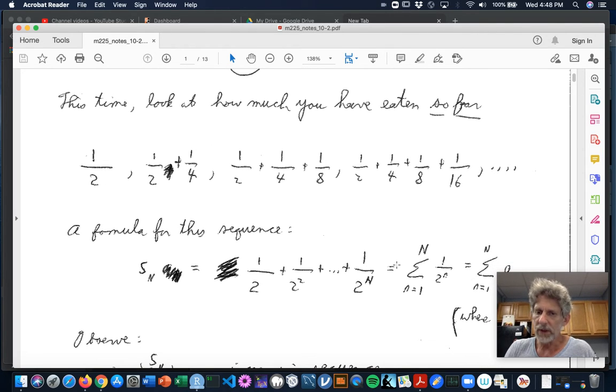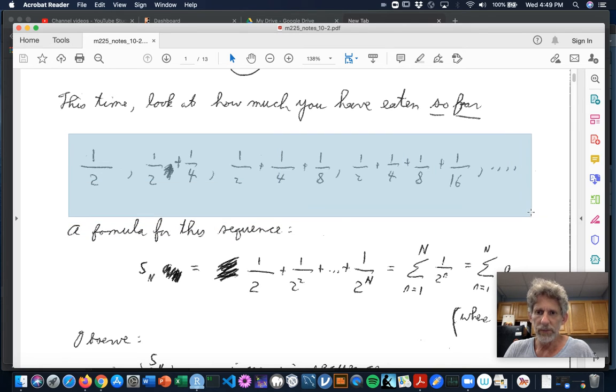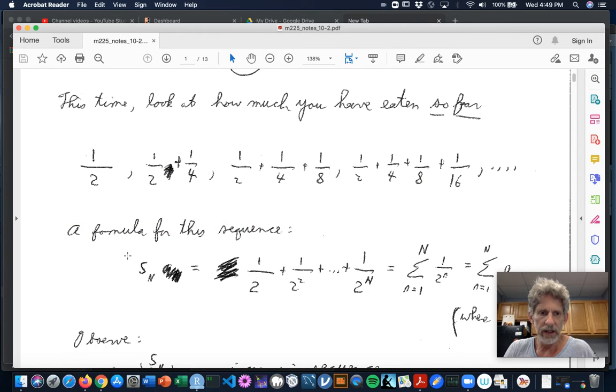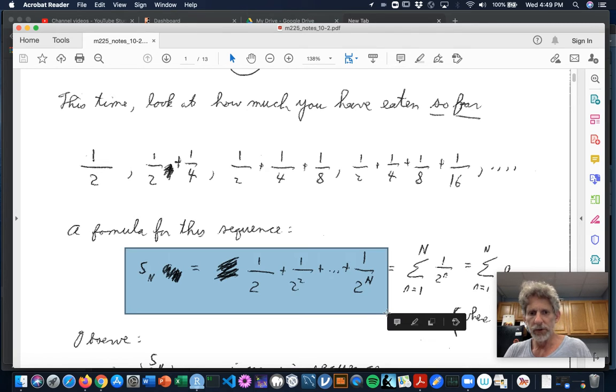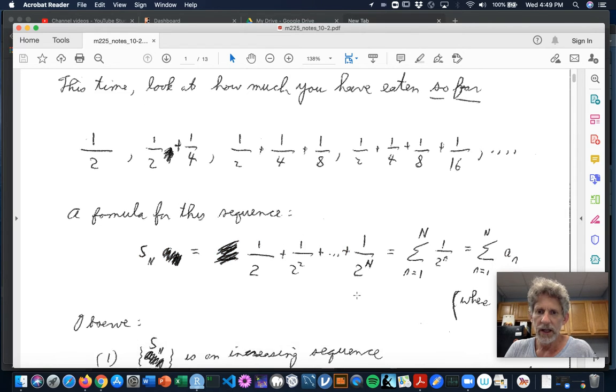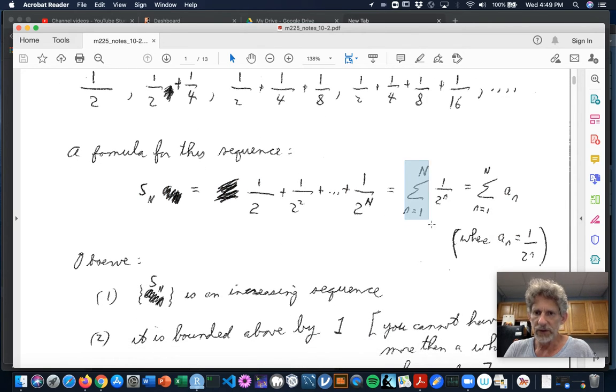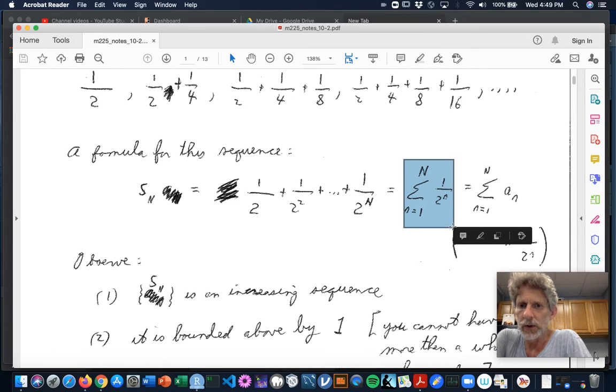We can get a formula, a general term, for this sequence of partial sums. We call it S sub capital N, S for sum, capital N for how many things we're adding up. So the general formula, 1 over 2 plus 1 over 2 squared, all the way up to plus 1 over 2 to the n, could be written with sum notation: the sum, little n goes from 1 to capital N, of 1 over 2 to the n.